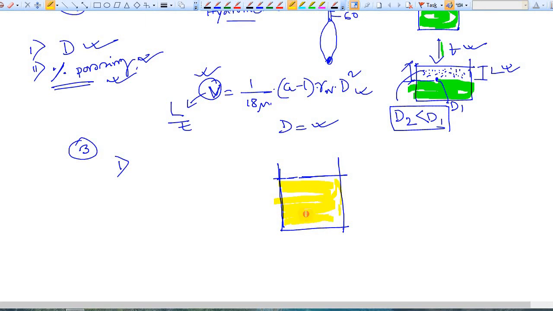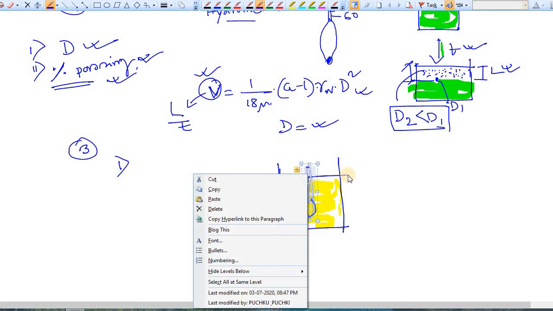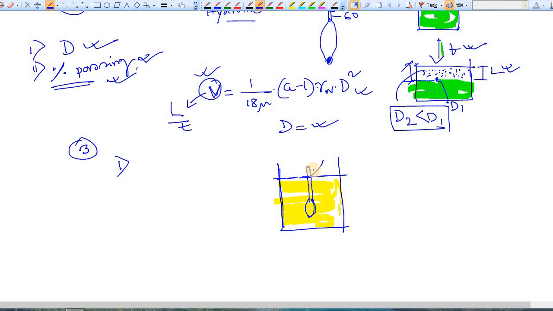Now if you drop the hydrometer here, this is the hydrometer, this is the bulb, and you will take the reading here, but it is not possible for you to take the reading at this point, because you will see it like this. This is the tube, and the water will make a surface like this. So the hydrometer is scaled from 0 to 60 downward.